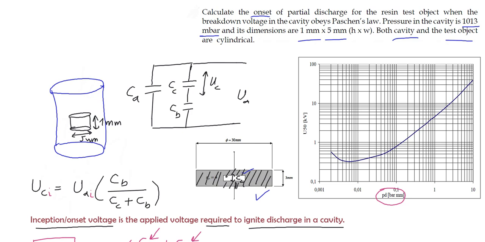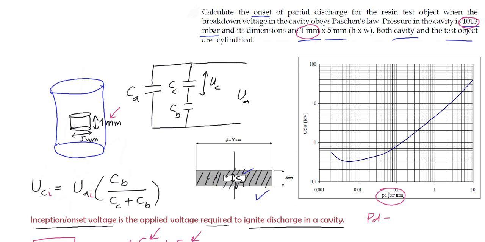We know the gap distance, or the height of the cavity, shown here, is 1 millimeter, and the pressure in the cavity is 1013 millibar.